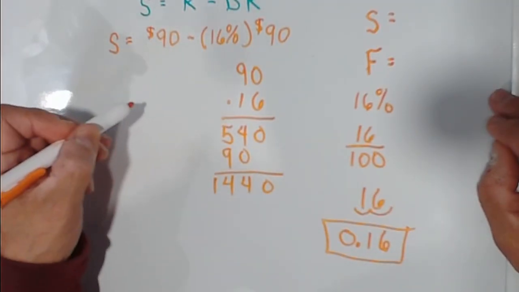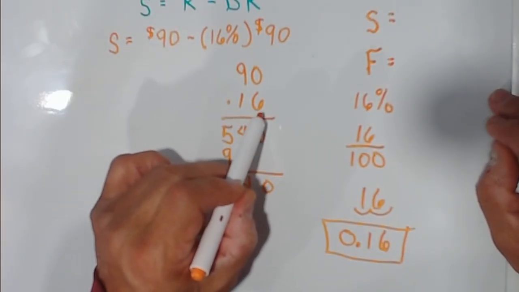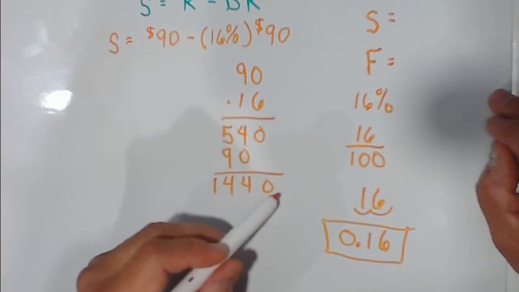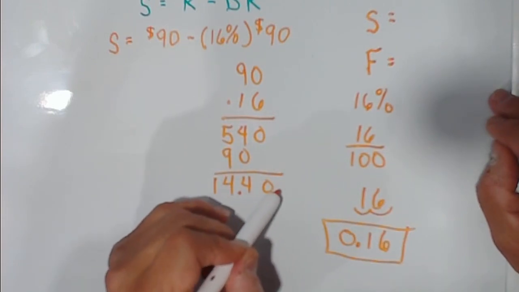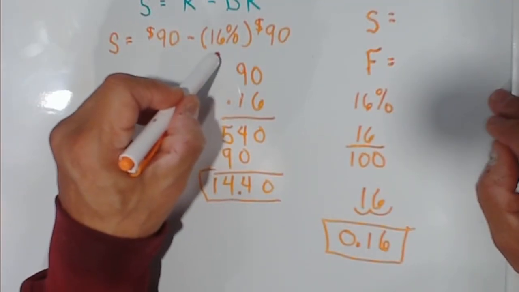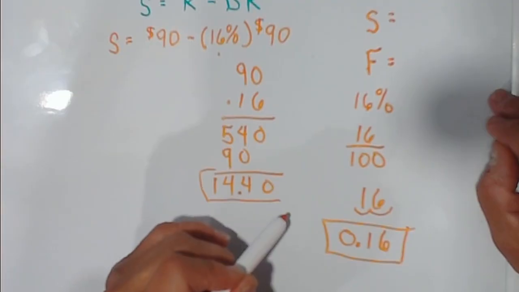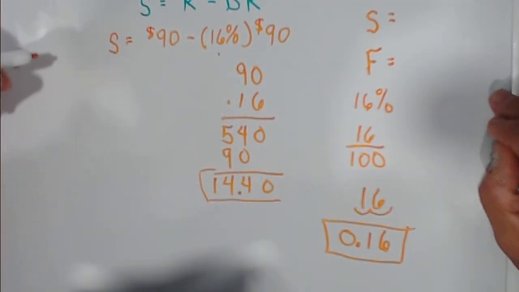But we have two decimal places, so we move it over 1, 2 places. We have a discount value of $14.40.